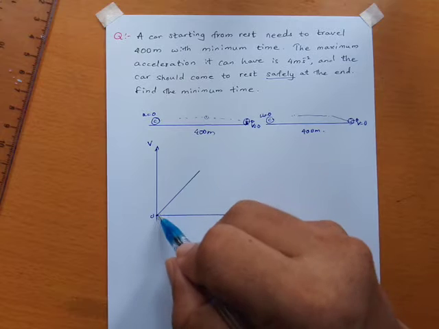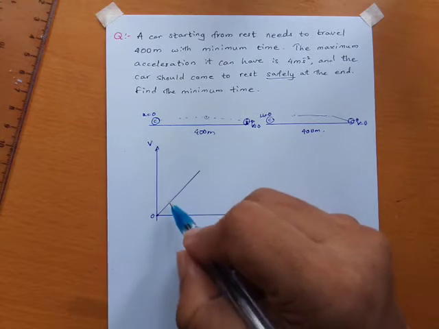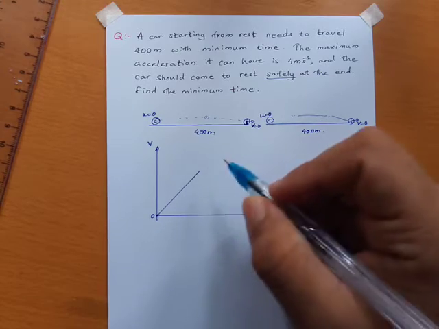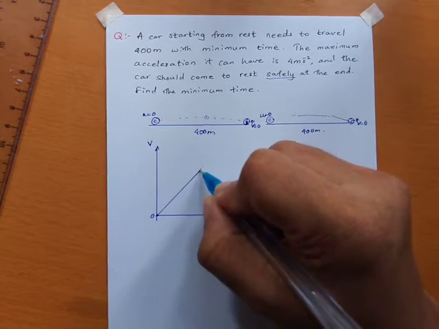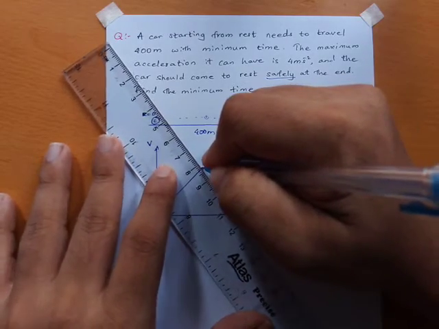From the starting point it will have the maximum acceleration, which is 4 meters per second squared, and it keeps accelerating. At a certain time it will decelerate.